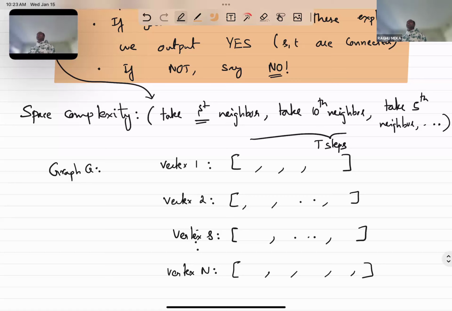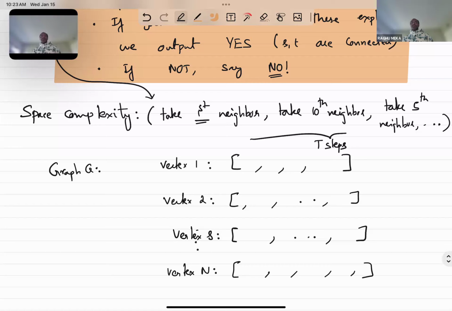So in some sense, I'm exploring the graph locally. I look at where I am, I have some neighbors, I go to the 10th neighbor, I jump, then go to the 5th neighbor, jump, and so on. If in t steps I don't see my target vertex, then I start from scratch again.